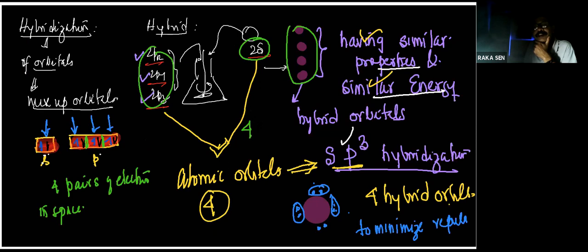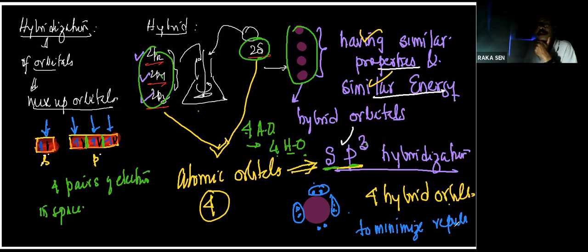That means 4 atomic orbitals, AO, give you 4 hybrid orbitals, HO. 4 atomic orbitals when mixed give you 4 hybrid orbitals. And how did you name this? 1s, 3p, sp3.